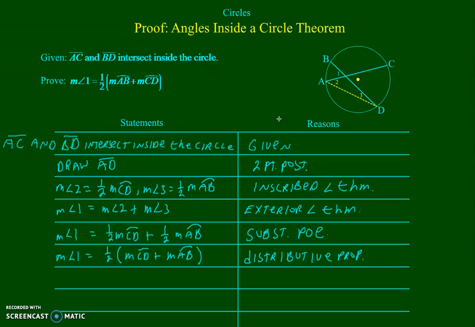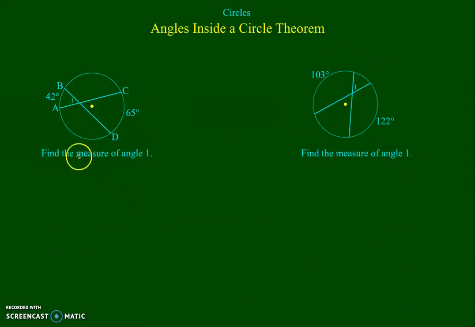Now, let's move on and use this in an example to see how this works. In our first example on the left here, we're given AC and BD intersecting inside the circle, forming angle 1, and we want to find the measure of angle 1, given that the measure of arc AB is 42 degrees and the measure of arc CD is 65.